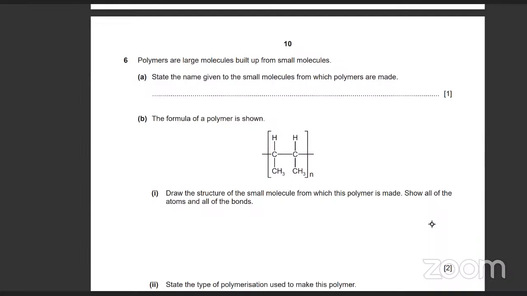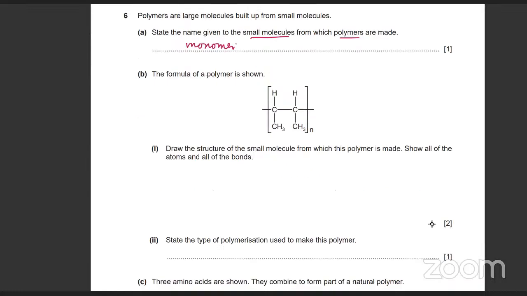State the name given to small molecules that make polymers. So what are those small molecules called? Monomer. The formula of a polymer is shown. Draw the structure of the small molecule. So this is an addition polymer. How was it formed?